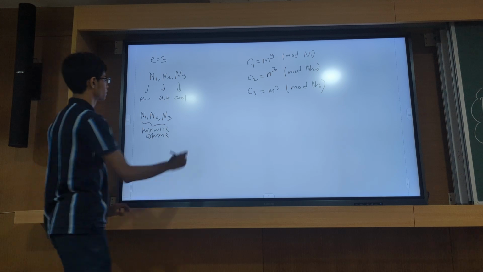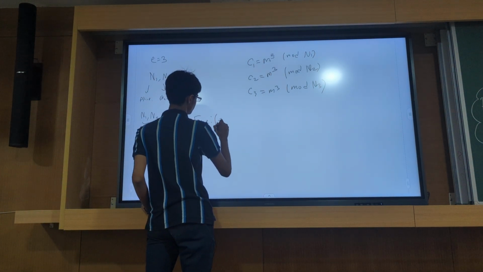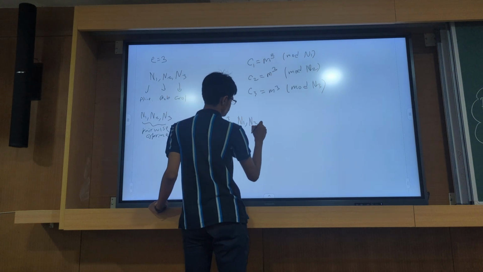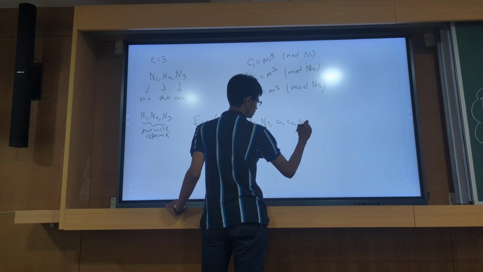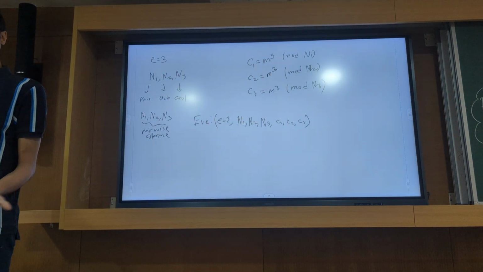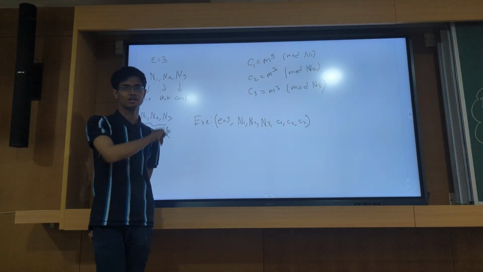Turns out, what an eavesdropper Eve can see is e equals 3, n1, n2, n3, c1, c2, c3. There's an attack called Hastad's broadcast attack, and that attack breaks this whole setup and recovers the message.